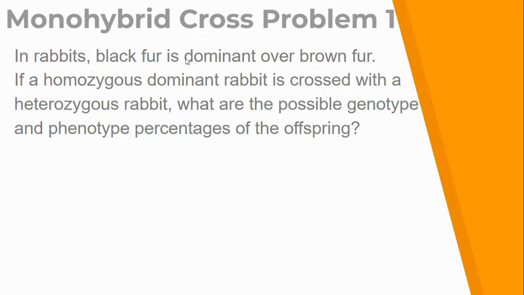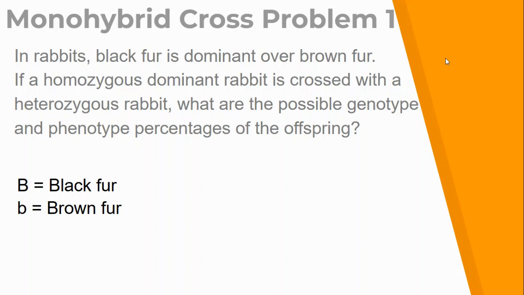Since black fur is dominant over brown fur, I know black fur should go with the capital letter, and brown fur should go with the lowercase letter. So I'm going to use the letter B. Capital B will be for black fur because it's dominant. Lowercase b will go for brown fur because it's recessive.